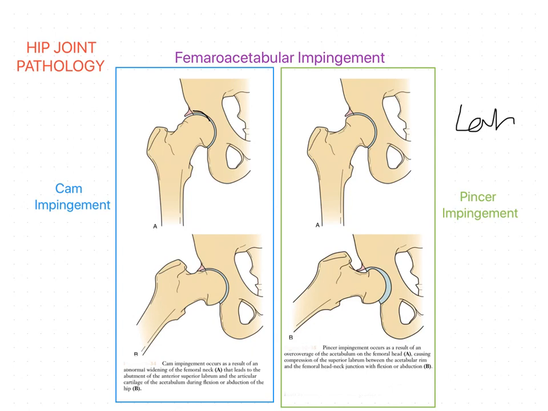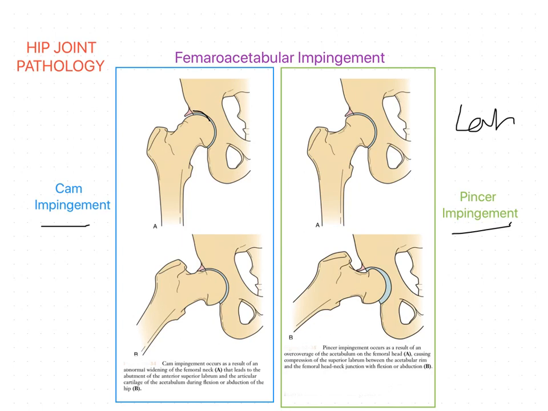Femoroacetabular impingement can be classified into two types, each with its own etiological as well as pathoanatomical characteristics: cam impingement and pincer impingement.